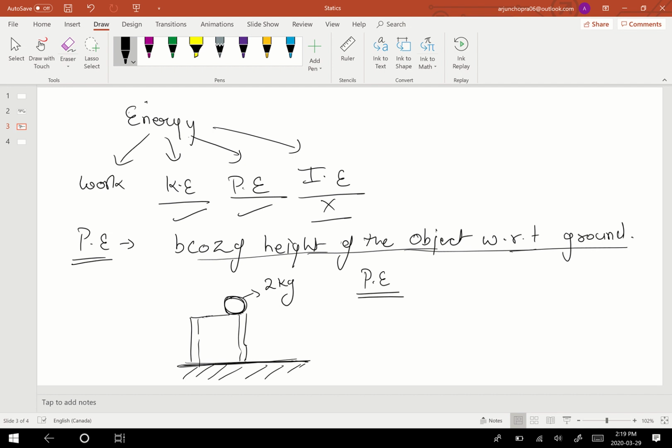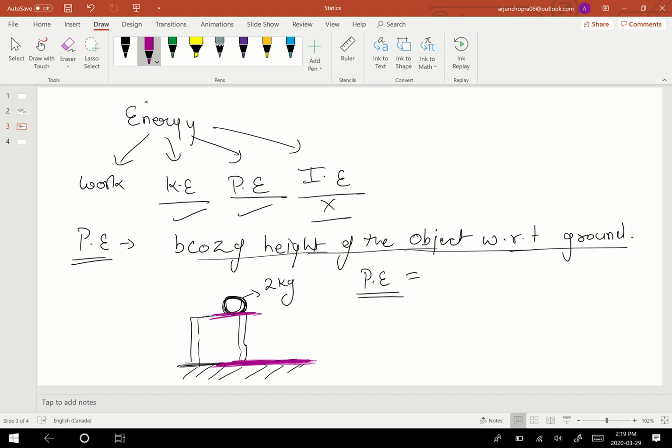If I ask you what is the potential energy in this object which has a mass of 2 kgs, you will say this question is incomplete. Why is this incomplete? Because I want to find the potential energy with reference to something, whether it's with reference to this or with respect to this surface. So that's what we need to know. Now I will complete my question.